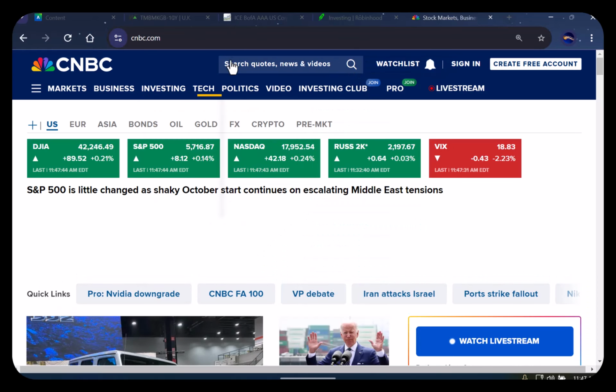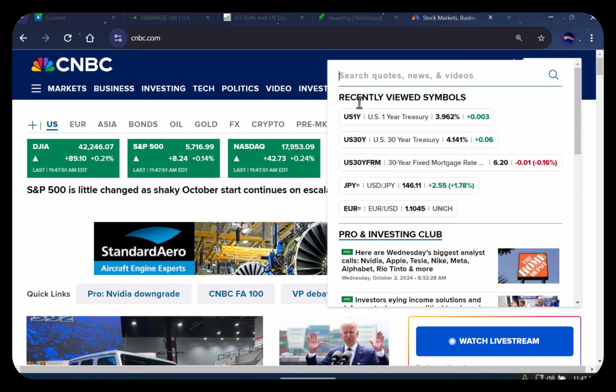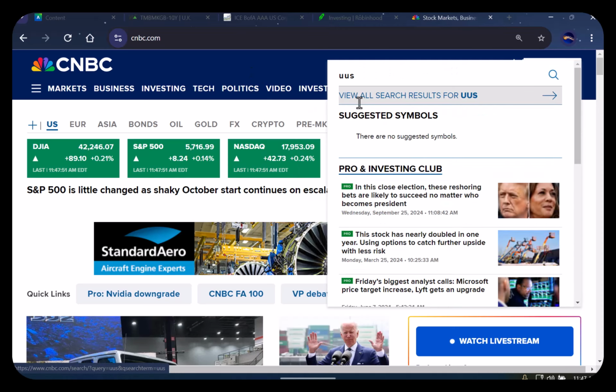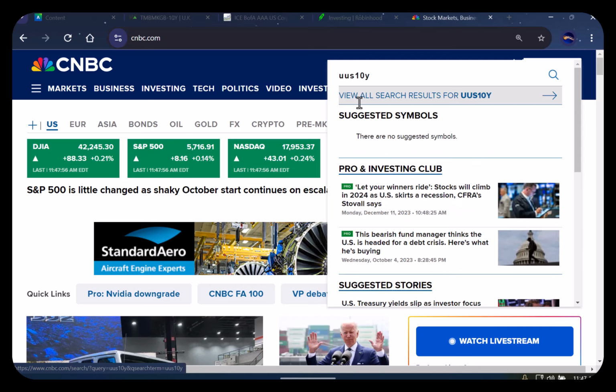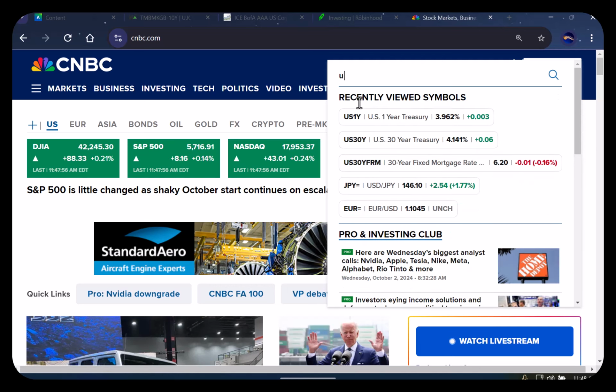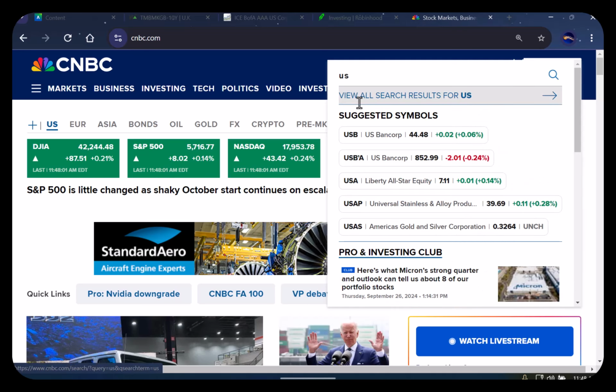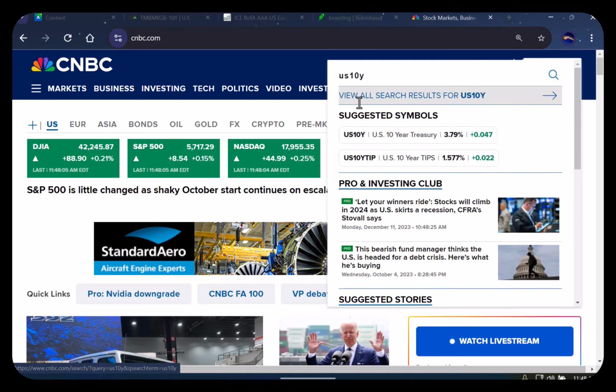I happen to know the code. If I say US 10 years, there are three numbers. One of them is the nominal bonds, the standard treasury bonds, and another is the TIPS. The nominal is 3.79, and I'm going to round the TIPS one to 1.58.